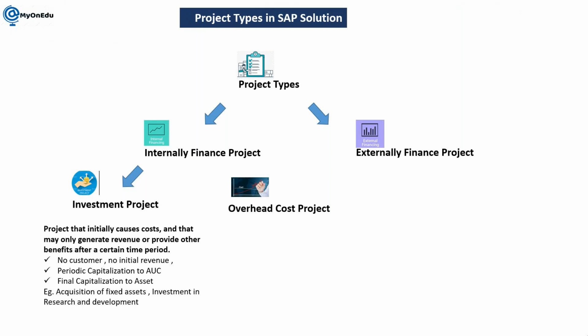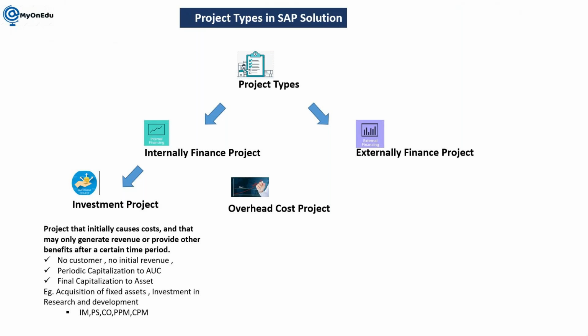This is an example of investment where you are putting your own money. You are not going to sell it as of now, you are just considering the market trend or market return: in 10 years or 20 years down the line, this will be my return on investment on my project.